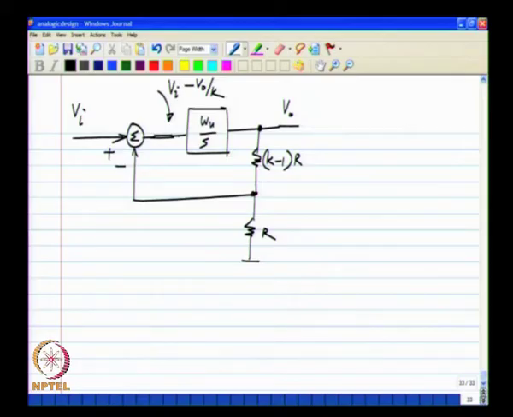So, it has a part that is related to the input to the amplifier, which is applied externally. It also has a part that is related to a quantity inside the amplifier, which is the output of the integrator.